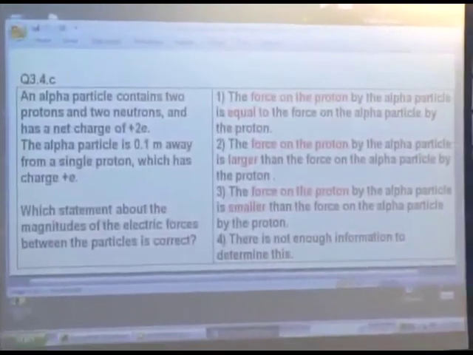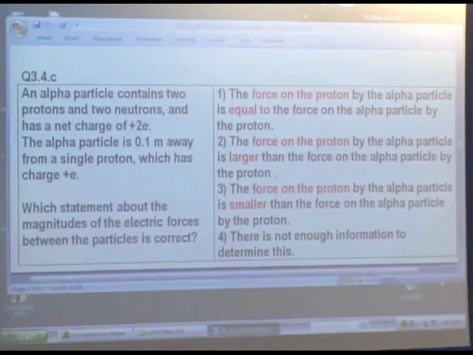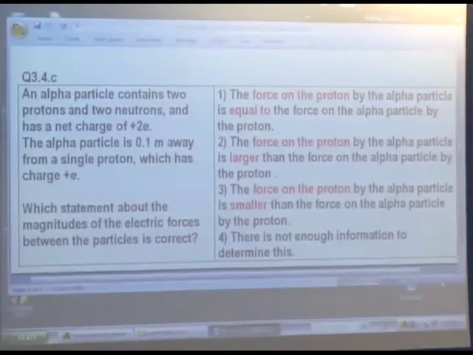So what's an alpha particle? An alpha particle is actually the nucleus of a helium atom that's lost its electrons. They're emitted; it's one of the common modes of radioactive decay for a large nucleus to emit alpha particles. So it's a particle that consists of 2 neutrons, which don't have any charge at all, and 2 protons.